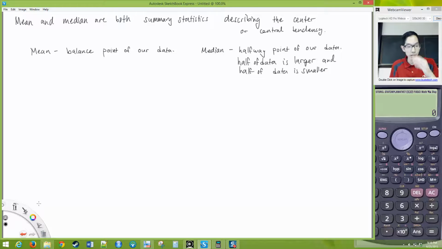Here's another thing, okay? So the mean is influenced by outliers, influenced by extreme data points. And the median is not influenced by extreme data points.